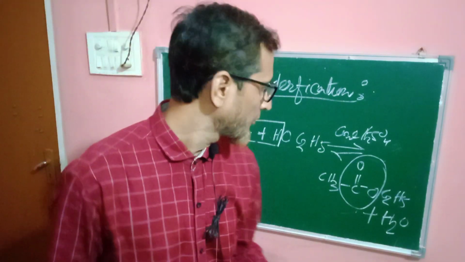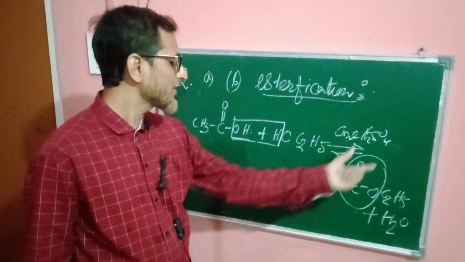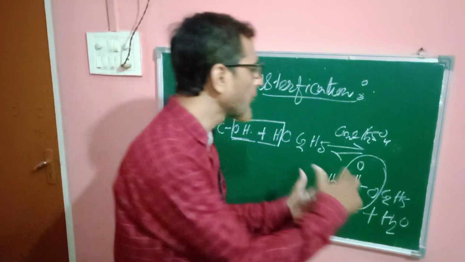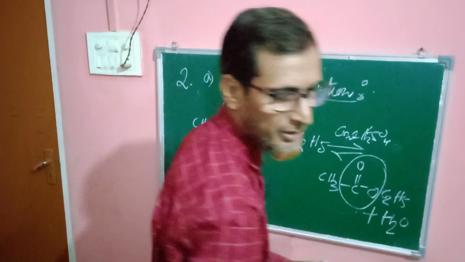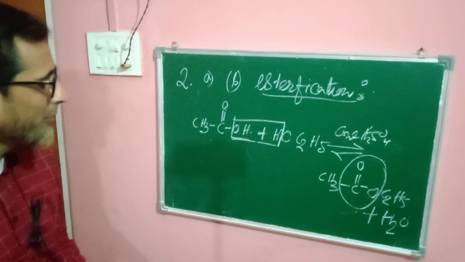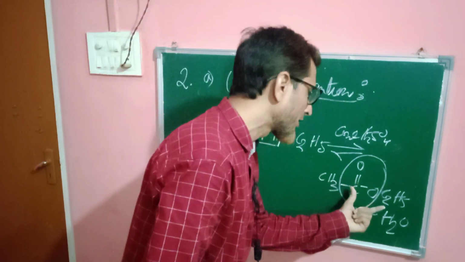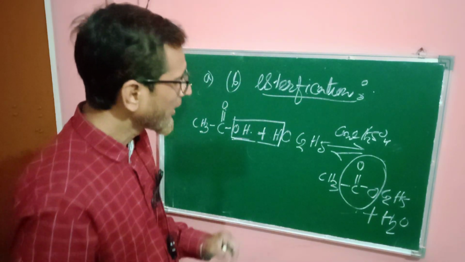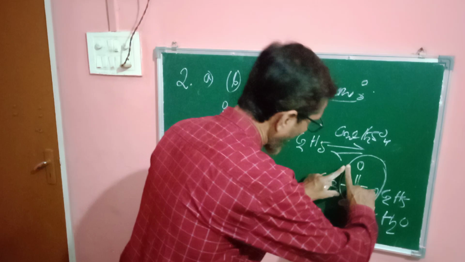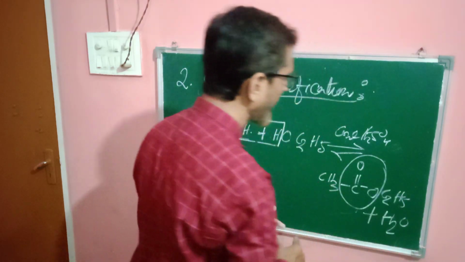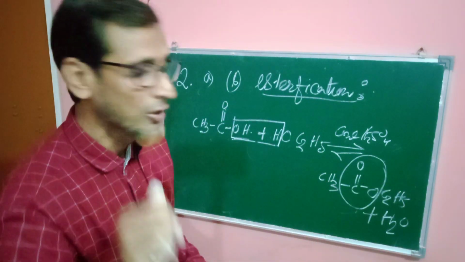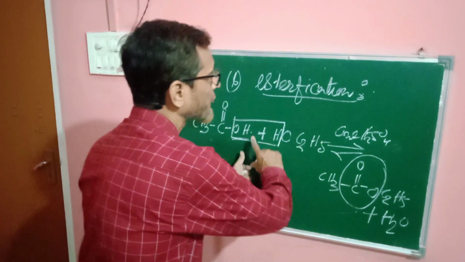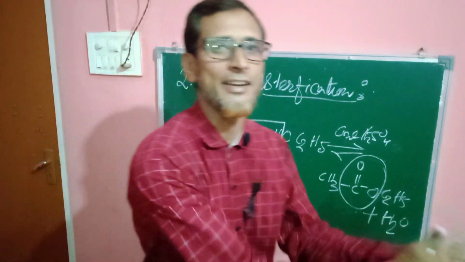Now one most important point in esterification is how to get more and more ester. These are very important things. Sweet smelling compounds are called esters. Am I right? And lots of important things can be synthesized out of this. So if you want to produce more and more ester, we need to do two things. One thing is that our equilibrium should be shifted towards the right.